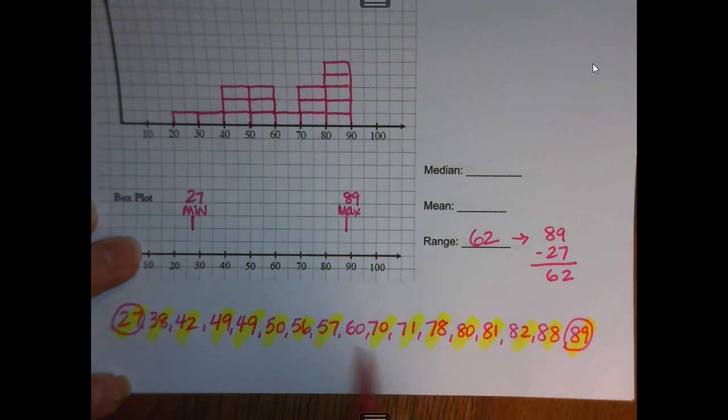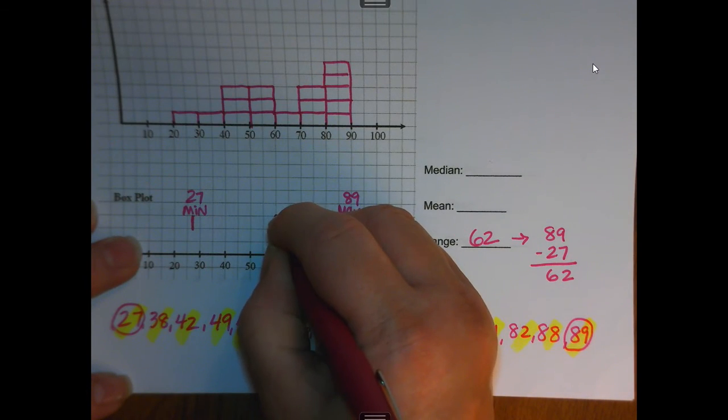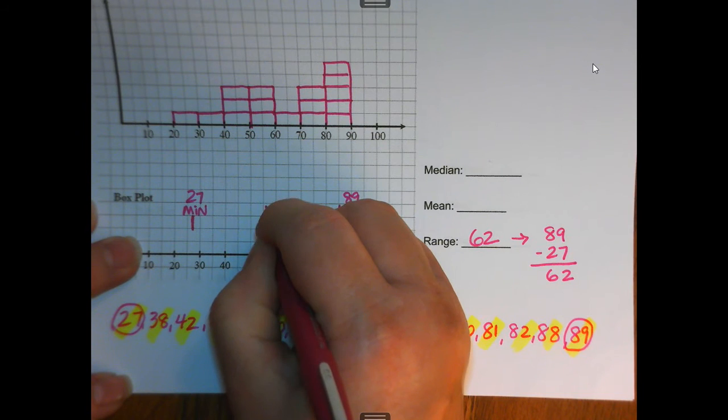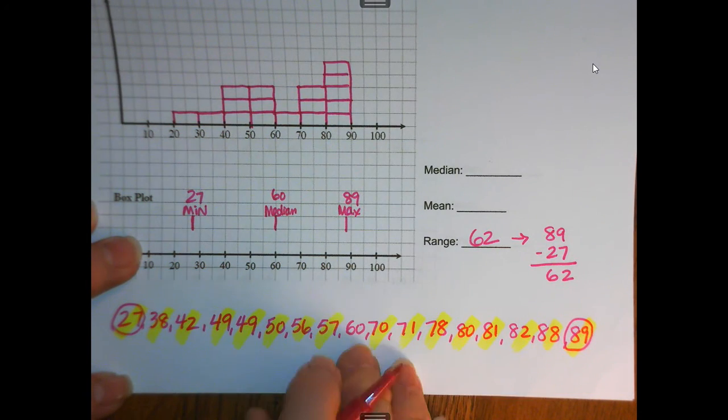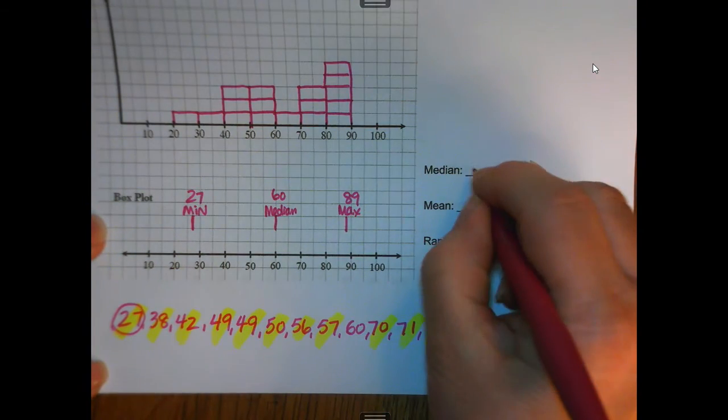That's a pretty lucky number. It's also on one of our labeled ticks down at the bottom here. So we're going to make a mark right about there, put median, and write the number 60 right above that. I'm also going to go over here and write 60.